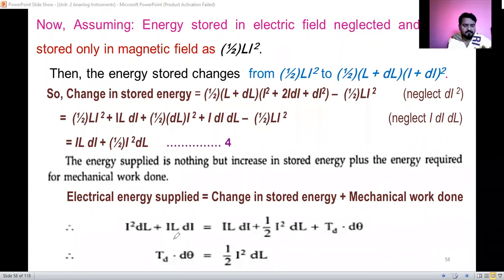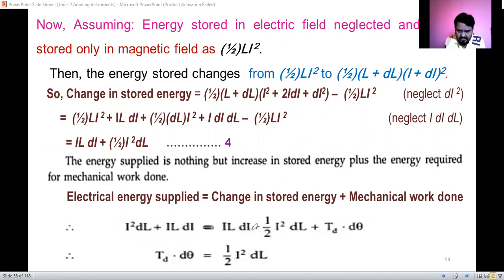If you are not understanding, then listen carefully. Here I square dL plus IL dI is there, equal to, here also IL dI is there on the RHS side. When I send it to the LHS side, it will become minus. The plus term will become minus here. Next, 1 by 2 I square dL is there.